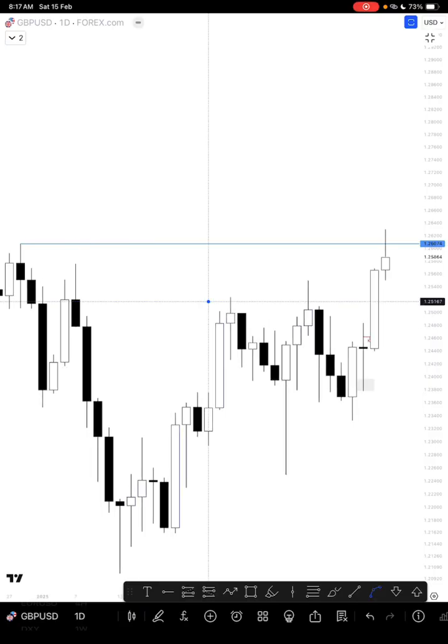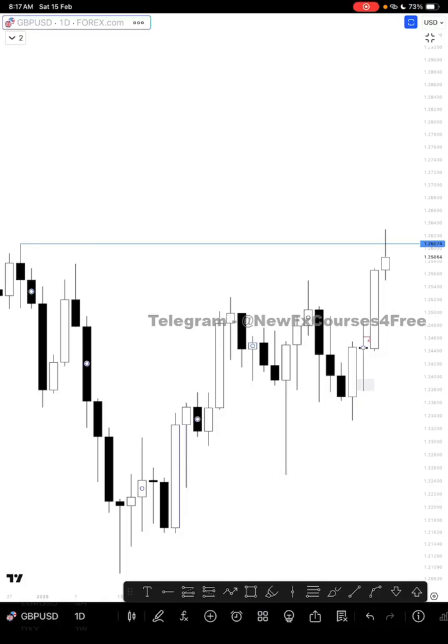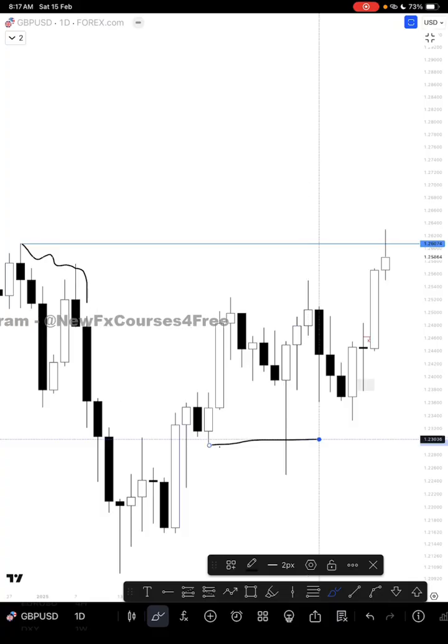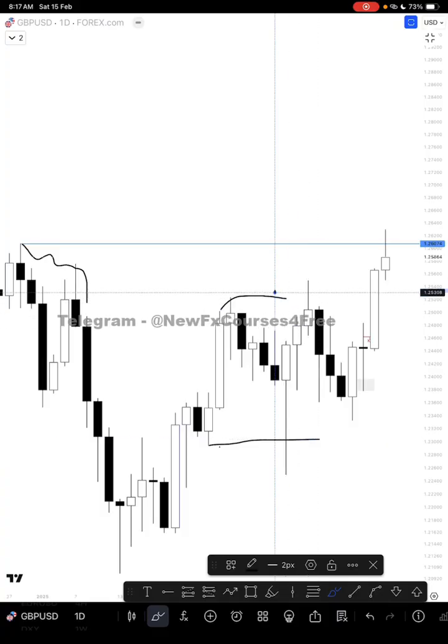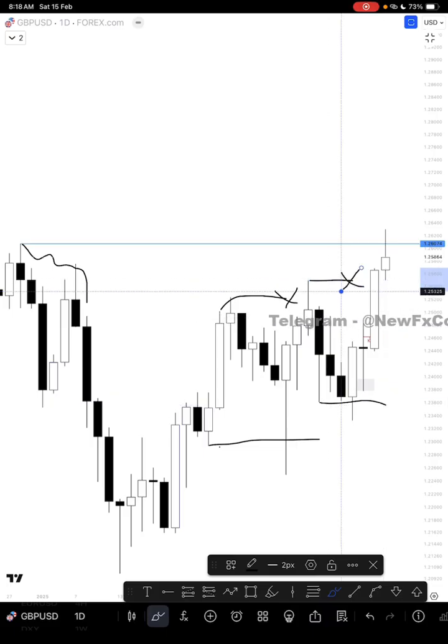If you look over here, all these are actually low resistance liquidity runs. All these are low resistance liquidity runs. And the market is actually bullish, sweeping low, breaking highs, sweeping low, and breaking highs.